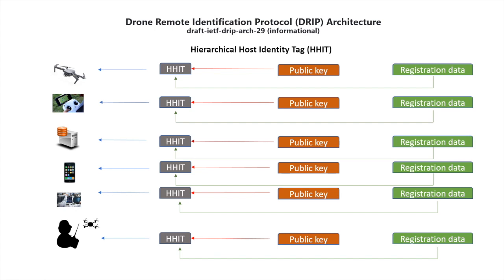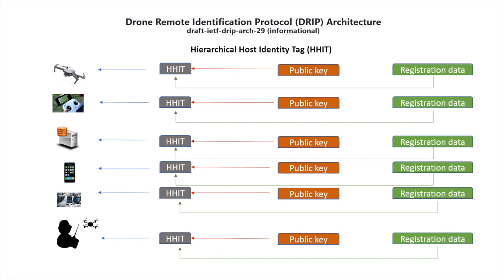Hierarchical HIT contains information related to the public key of the identity, algorithms used for its generation, and authorities involved in registration. It gives the possibility to authenticate hierarchical HITs by signing broadcast or Internet messages.